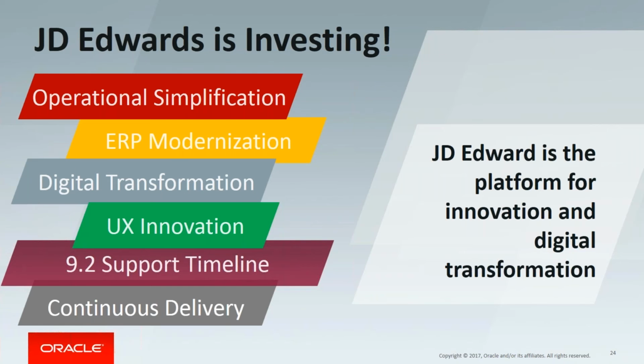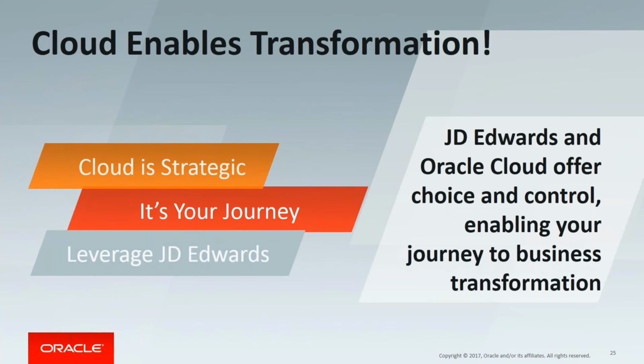And the things that we're doing in those first four boxes, simplifying your operations, modernizing your ERP, delivering digital technologies, and transforming or innovating on the UX, all allow you to leverage the platform. But you have to get onto 9.2. 9.2 is where all that innovation is occurring, and it's occurring through our continuous delivery model.